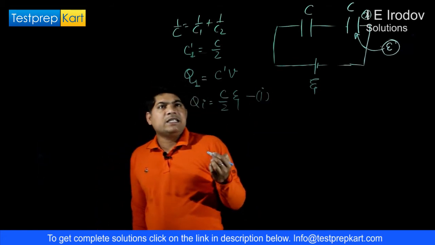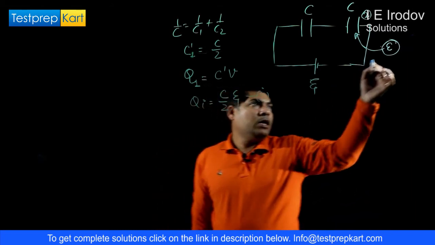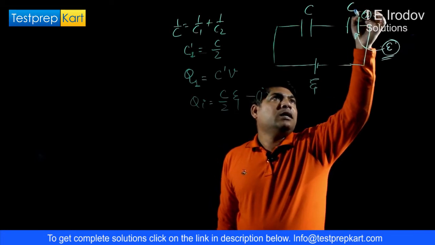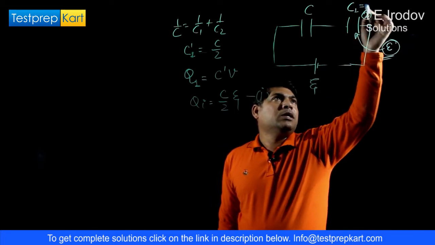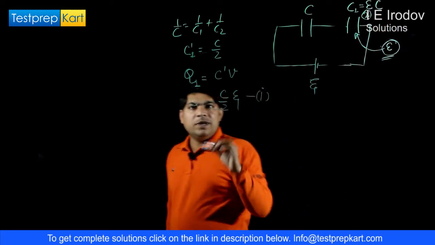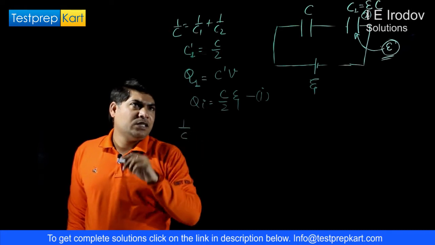Now in the second case, when a dielectric material of permittivity epsilon is filled in capacitor 2, the new capacitance would be epsilon into C. So we can find the new effective capacitance of this combination.